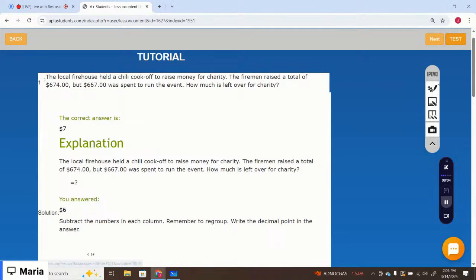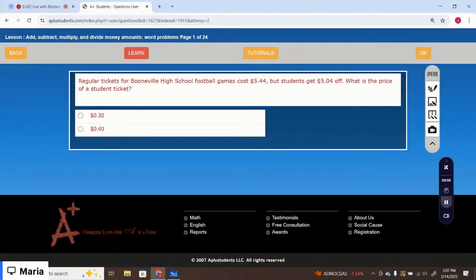Let's just start with the test questions. Regular tickets for Bonneville High School football games cost $5.44, but students get $5.04 off.